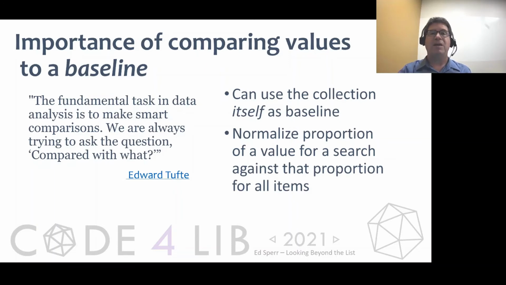So if you think back to that slide before, when we took a look at that pretty large section under web pages for our pandemic search, well, we know that there was a lot of items for that search, but what that doesn't tell us is whether or not that is something that is unusual in any way, shape, or form. Maybe there's always a lot of web pages in all the searches. Only by comparing to the collection as a whole can we actually see whether or not this is the case.